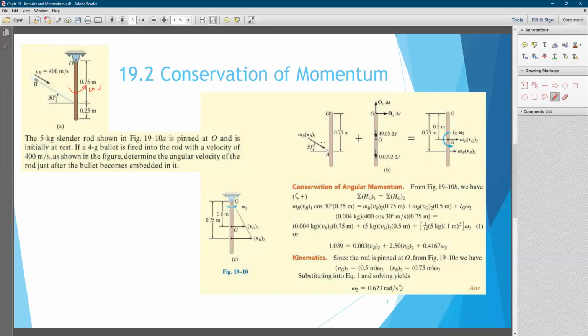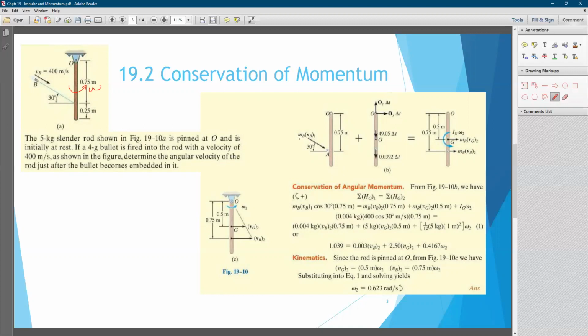Let's see on this particular figure up here what happened just right before the impact, or during the impact. You can see that the bullet is like this. The distance is 0.75 from point O, making an angle of 30 degrees.